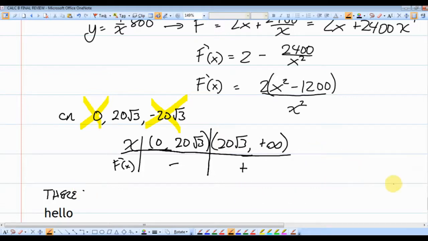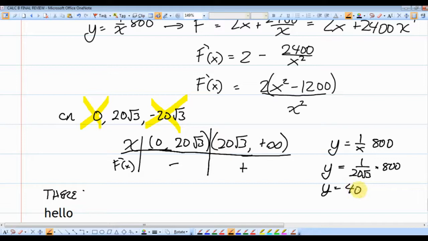Sorry, one more thing. Remember that y is equal to 1 over x times 800. So y is going to be 1 over 20 root 3 times 800. So y is equal to 40 over root 3, which is 40 root 3 over 3.